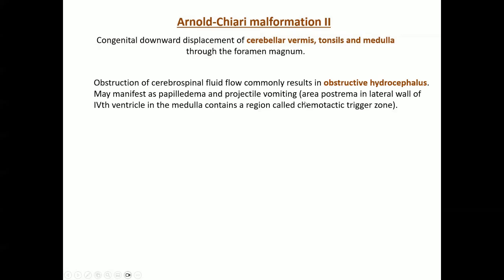Now there is a little bit of compression on the flow of cerebrospinal fluid, so we will get this hydrocephalus again that we saw in Dandy-Walker, right? So basically accumulation of CSF inside the fourth ventricle and third ventricle that will become bigger, okay? And because of this hydrocephalus, they'll also have increased intracranial pressure, right?